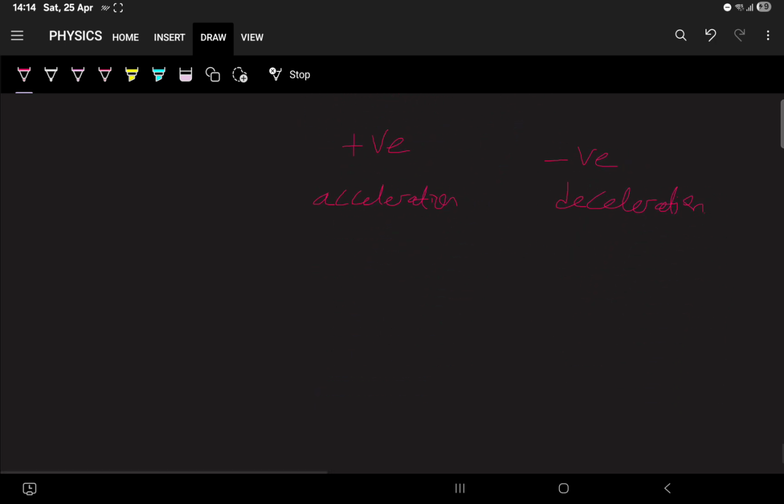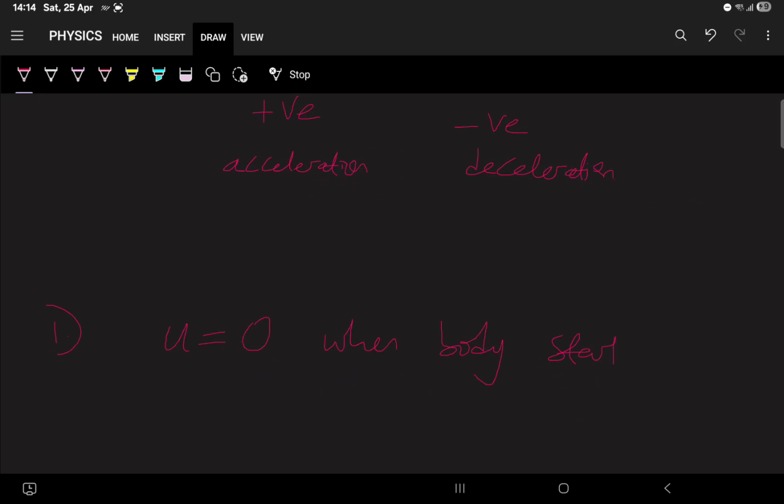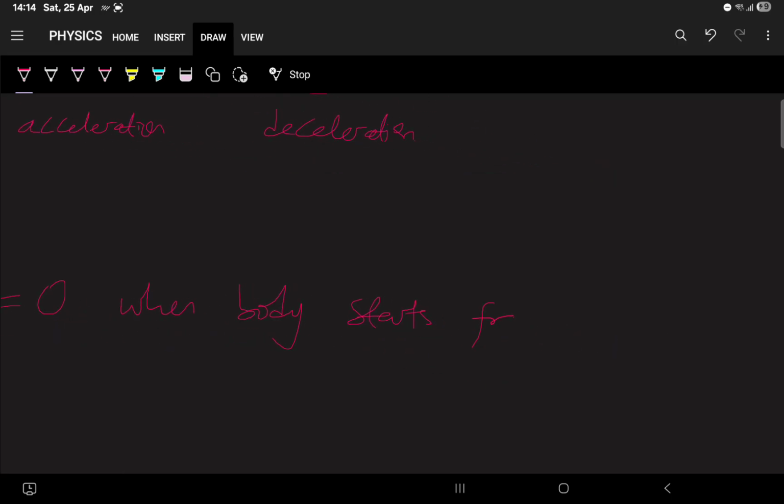Now, a few more tips. When a body moves or accelerates from rest, initial velocity is 0. So initial velocity, which we represent as u, is equal to 0 when a body starts from rest.